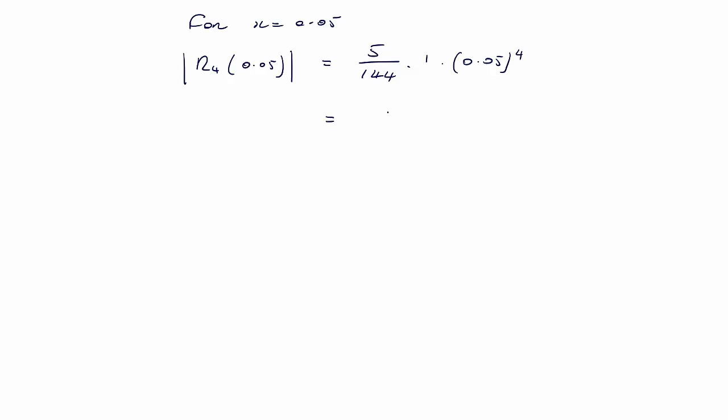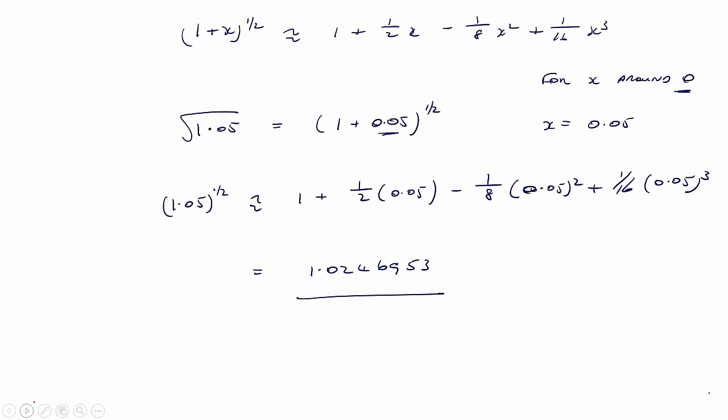So finishing off that calculation, for x equals 0.05, the absolute value of R4 for 0.05 will be equal to 5/144 times 1 times 0.05 to the 4th, and that will equal 2.17 times 10 to the minus 7, a very small number indeed.